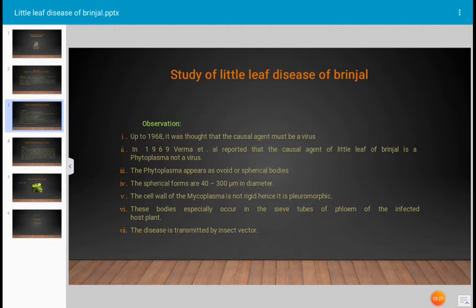The sieve tube is an element of phloem, and in the sieve tubes of the infected host plant it grows. This pathogen is very easily transmitted through insects. These are the details of the pathogen which causes little leaf disease of brinjal, and all these details you have to note by observing the permanent slide under the microscope.